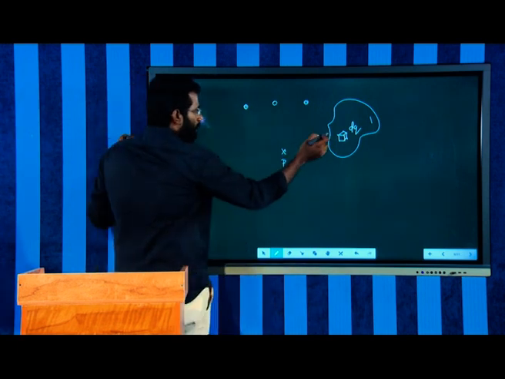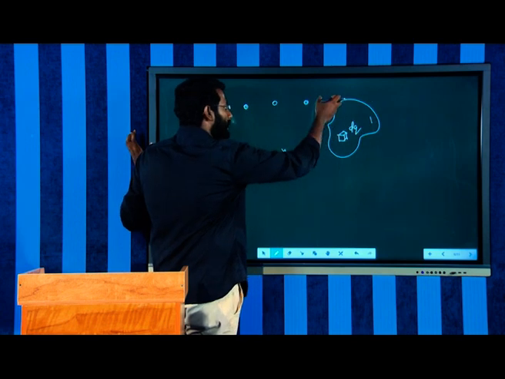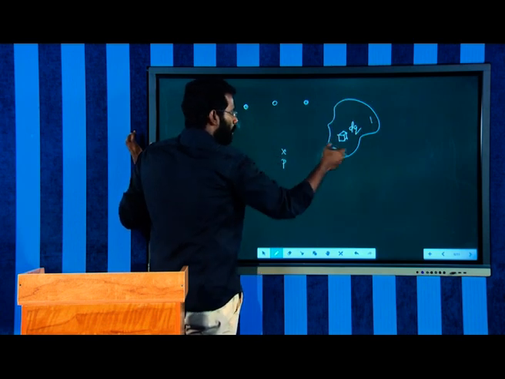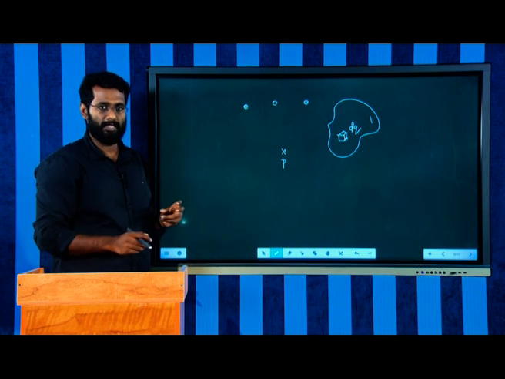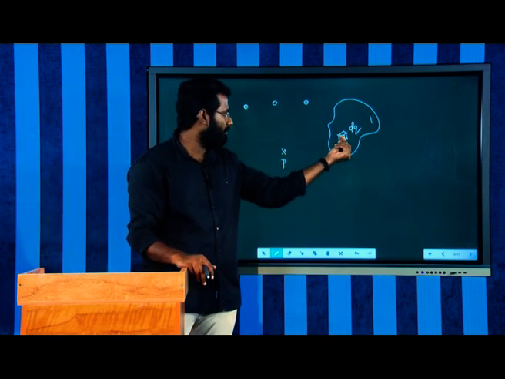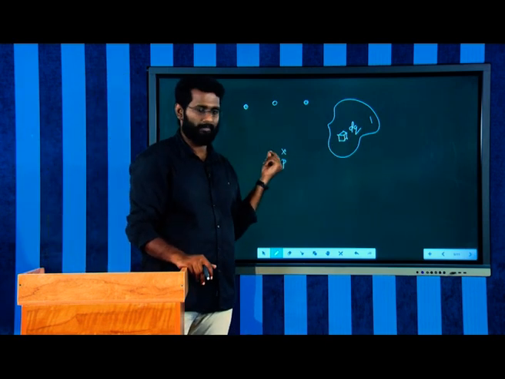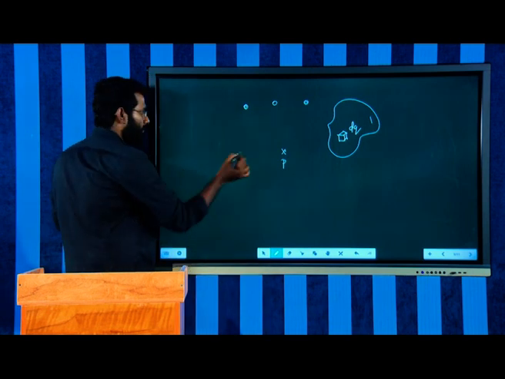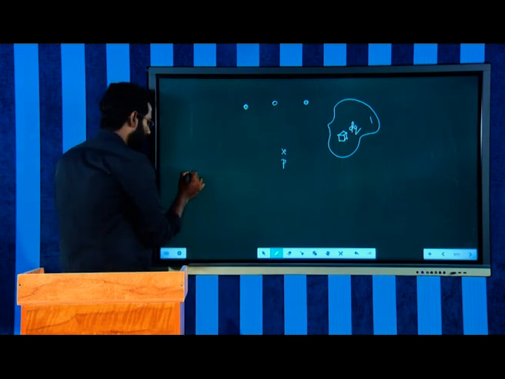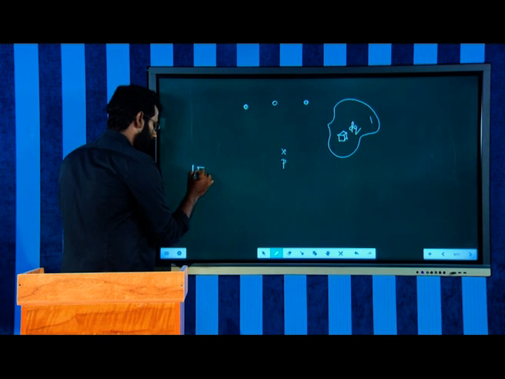We are making this entire object into tiny pieces, and we calculate the field due to one of them. The field will be very feeble, so I write it as dE.